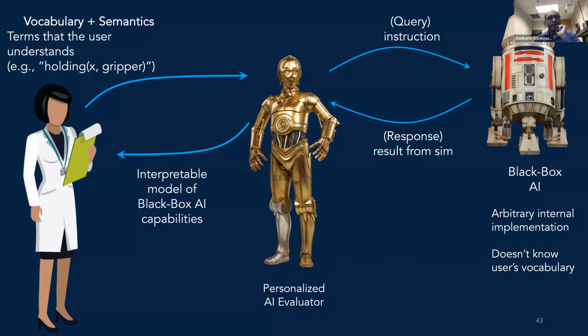The setup is where we get a bunch of information about the vocabulary and semantics of the user, and this is our starting point. Now, that said, these studies were done on Amazon Turk, so we didn't actually get this. We just assume people know English.